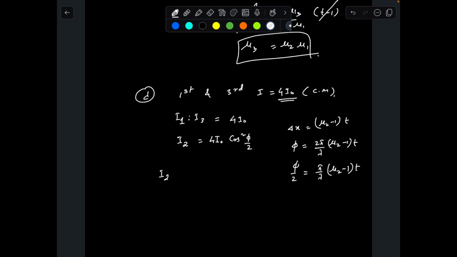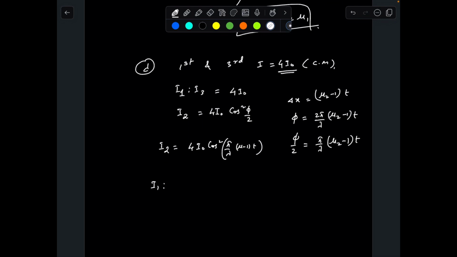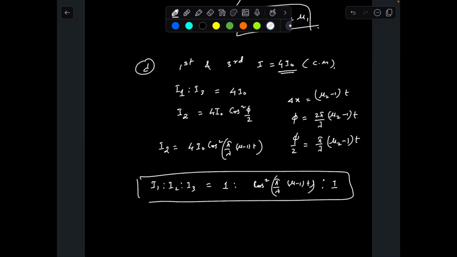So I2 will be 4 I naught cos square of pi by lambda (mu2 minus 1) t. This is the intensity I2. So I1 : I2 : I3 equals 1 : cos square of pi by lambda (mu2 minus 1) t : 1. So this is the intensity in three cases. Okay, hope you understood.